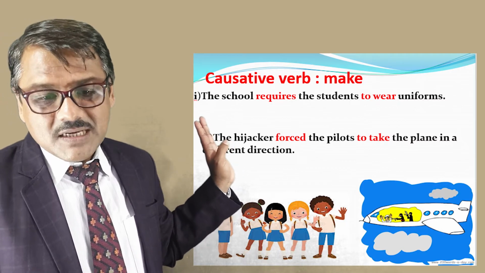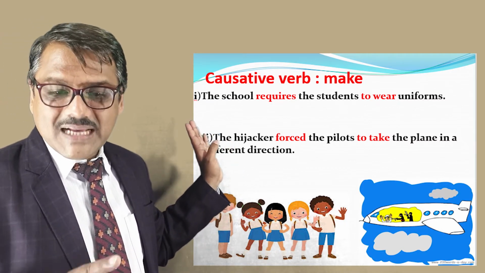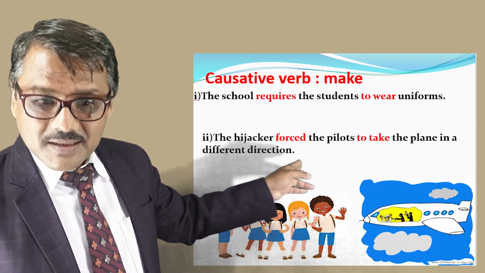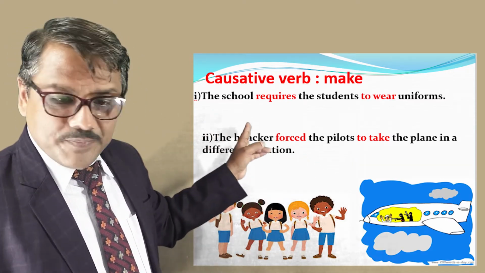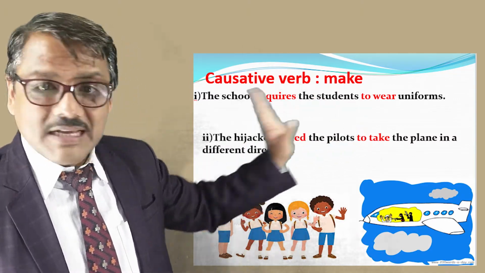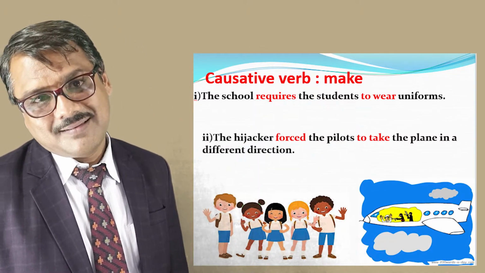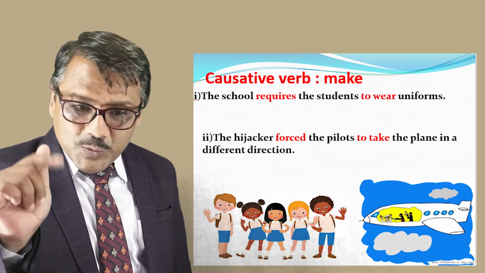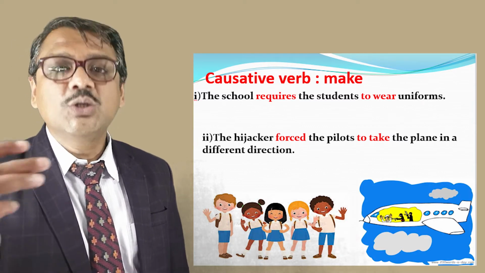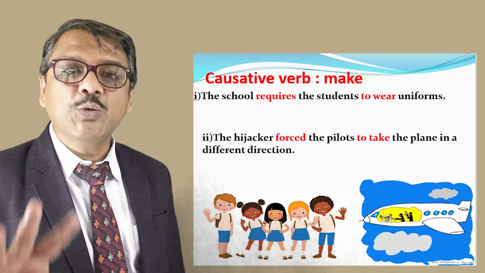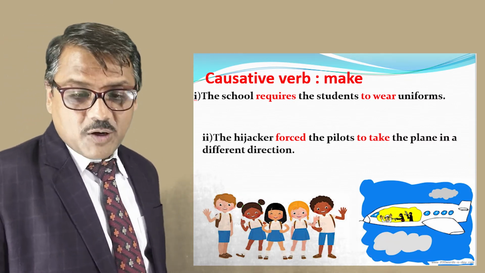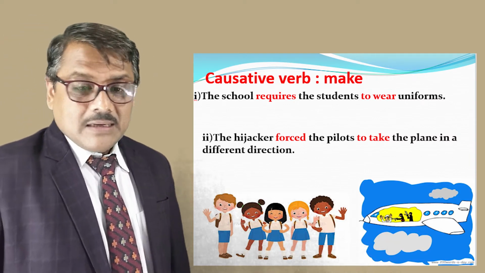The school makes the students wear, not to wear. But if you write the school requires, there is to wear. So when we use require and force, we have to write to plus the base form of the verb, the to infinitive. Okay, so let's move forward.